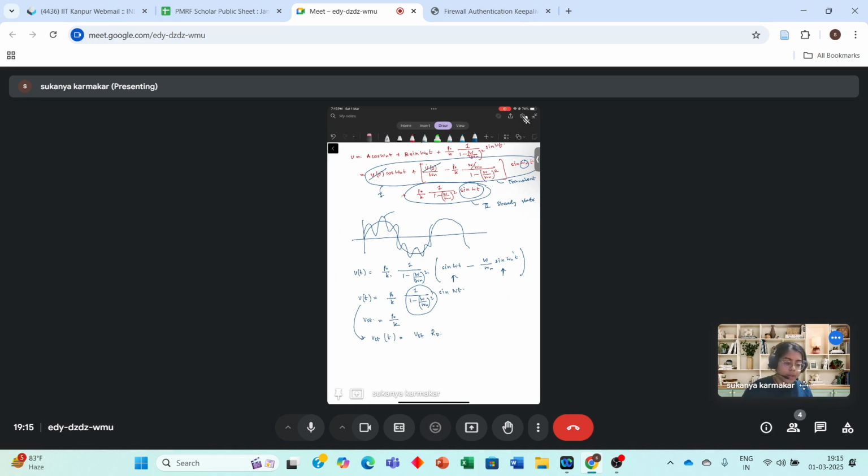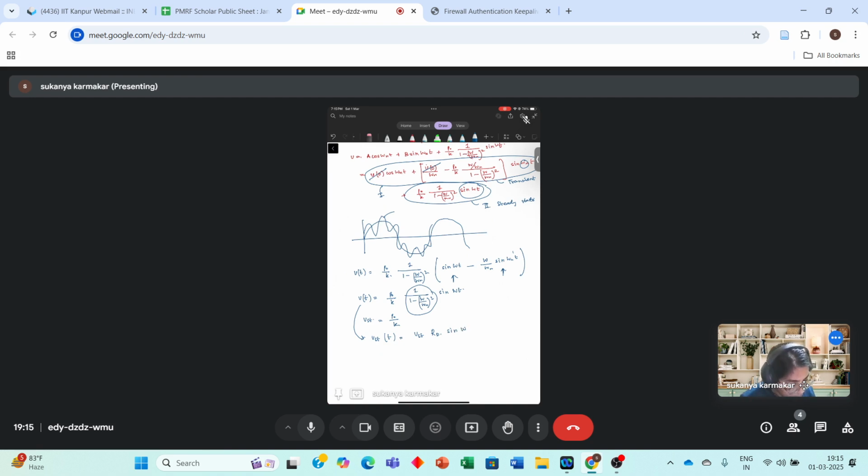The force applied is p naught. Now the force is p naught sine omega t, which is a function of time.